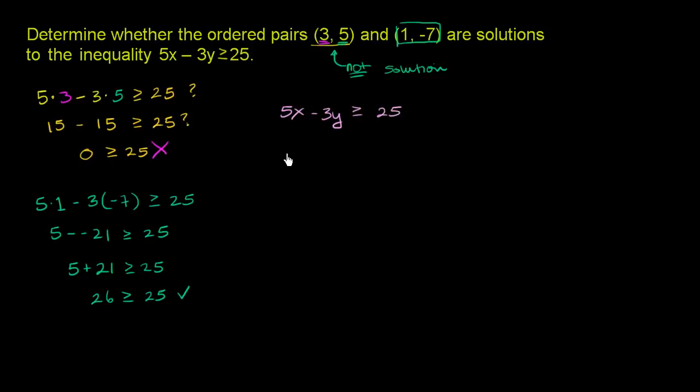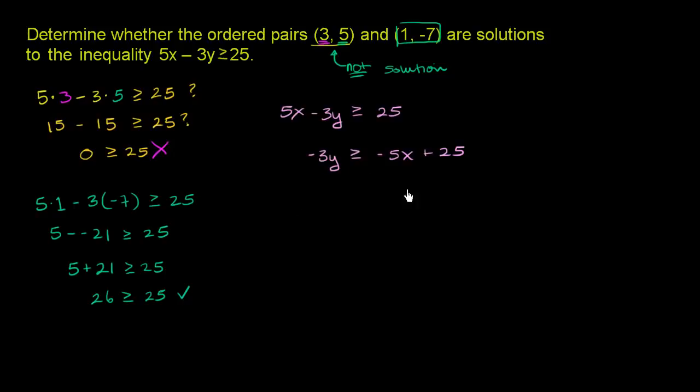Let me write this inequality in slope-intercept form. If we subtract 5x from both sides, we get negative 3y is greater than or equal to negative 5x plus 25. I just subtracted 5x from both sides. Now let's divide both sides of this inequality by -3. When you divide both sides of an inequality by a negative number, it swaps the inequality.